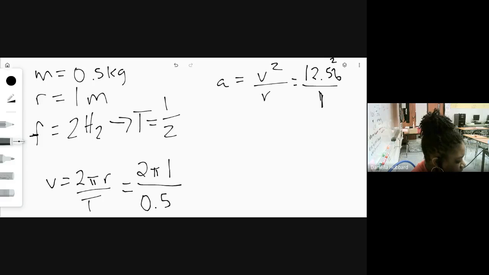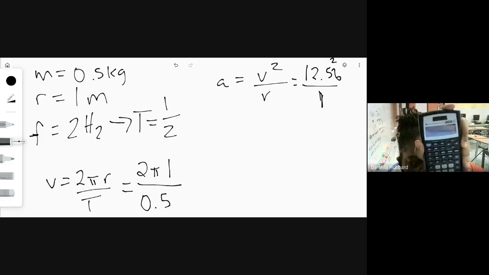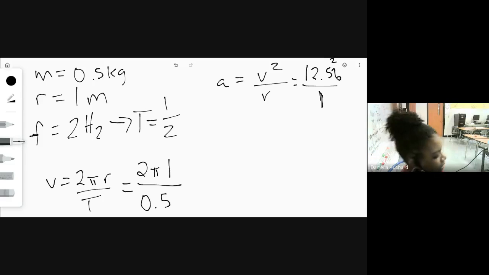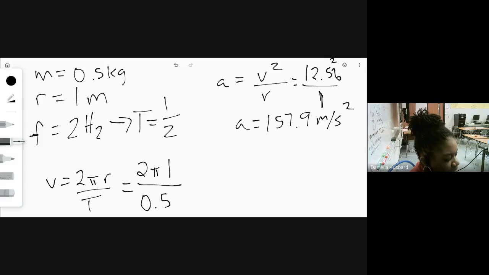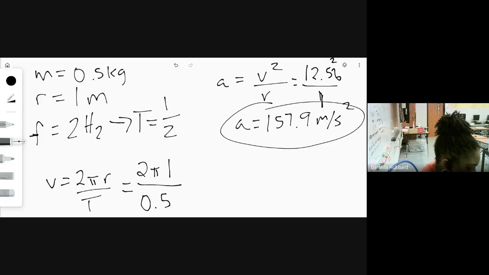So I'm going to square that velocity answer I got, the 12.56 and all the rest of those numbers. I'm going to square it and I get 157.9 meters per second squared. Okay, I didn't include the 1 because anytime you divide by 1, you're going to get the same answer. Okay, so this is your centripetal acceleration.